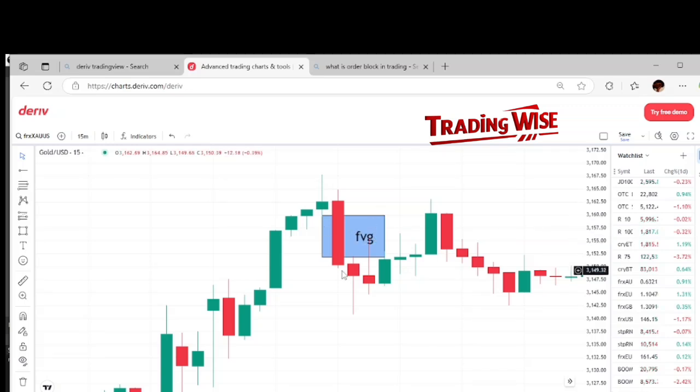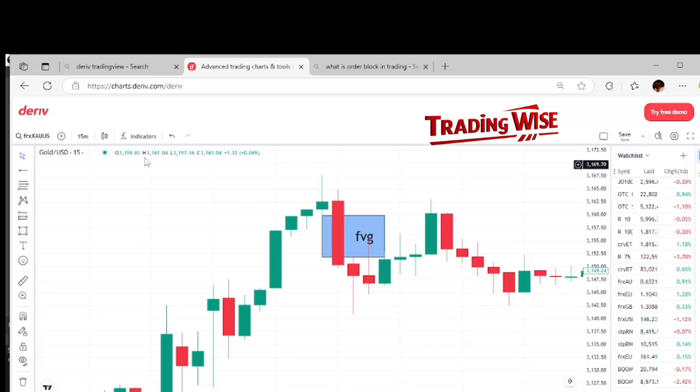Because this order block has a fair value gap, it has a wick and it also has a fair value gap. So I'm going to say number one to validate it first. Number one, it should have a wick, though it's not always necessary, but for most times it should have a wick. Sorry, I'm going to go and write two.